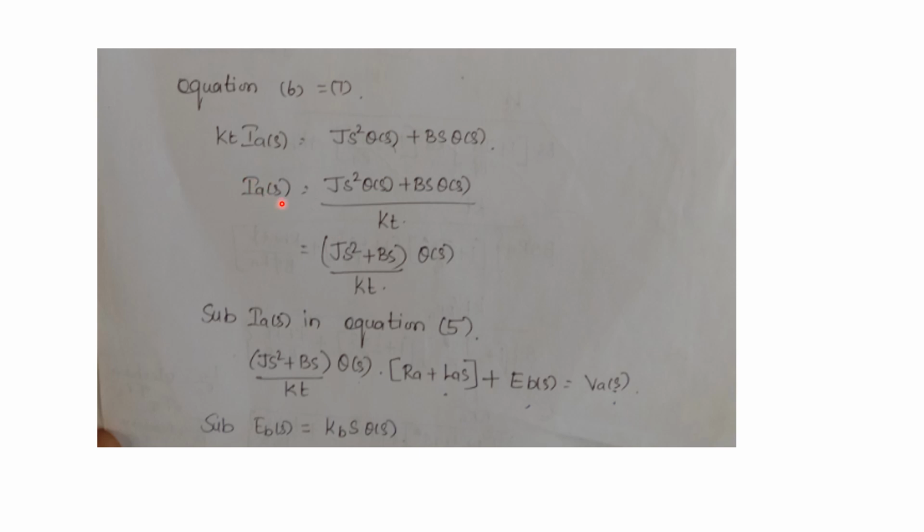So IA of S will be, we have to bring this KT term to the denominator and it will be like this. Now we have to substitute the value of IA of S in equation 5.